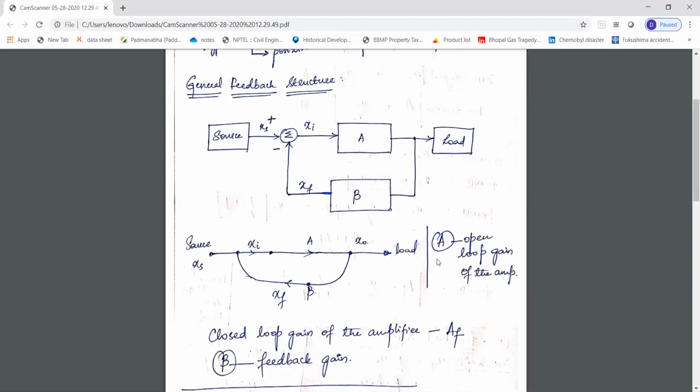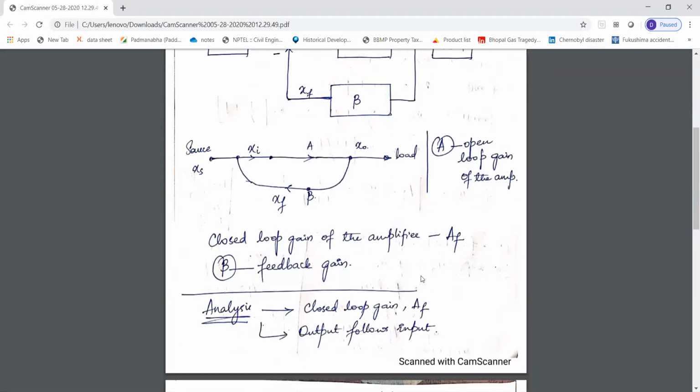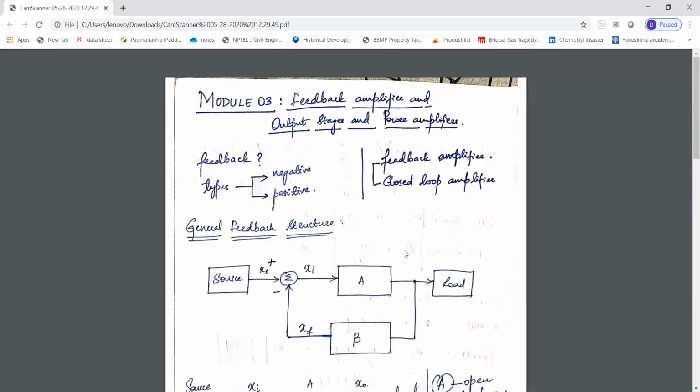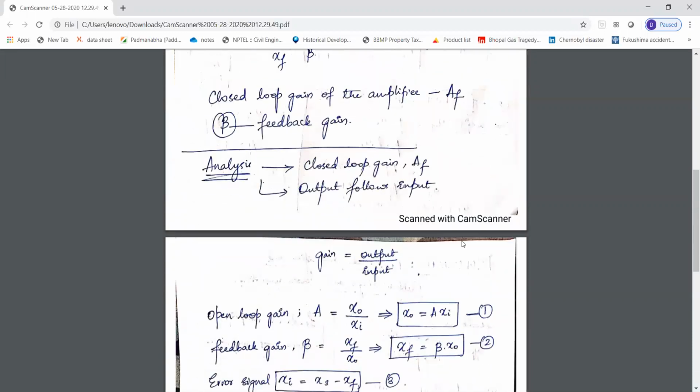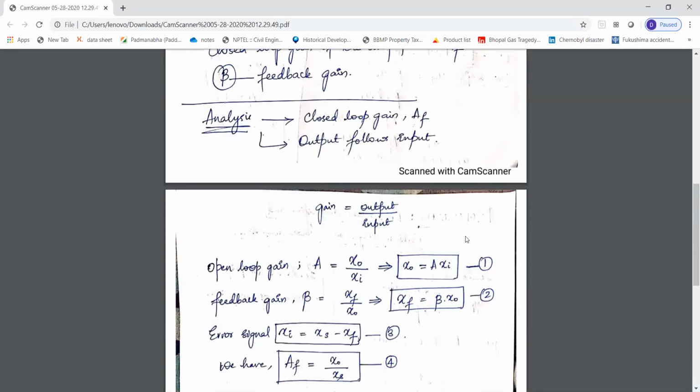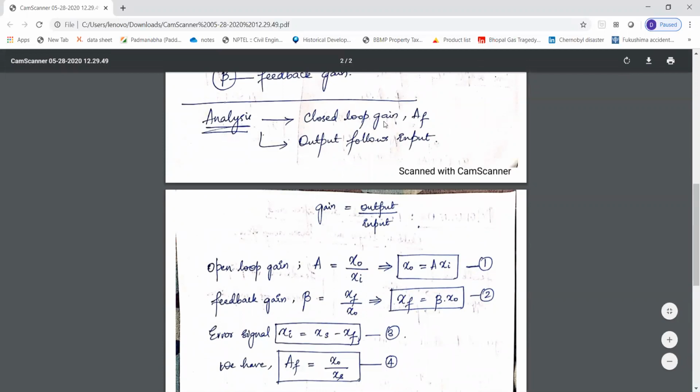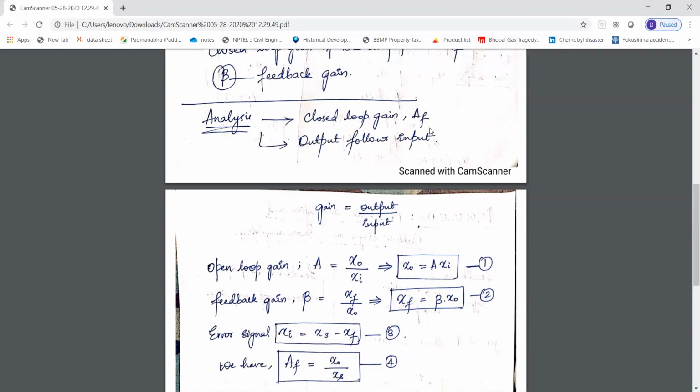Under this study of the general feedback structure, we will be analyzing the closed loop gain AF, and also how the output follows the input. Next we'll derive an equation for AF in terms of open loop gain and feedback gain.